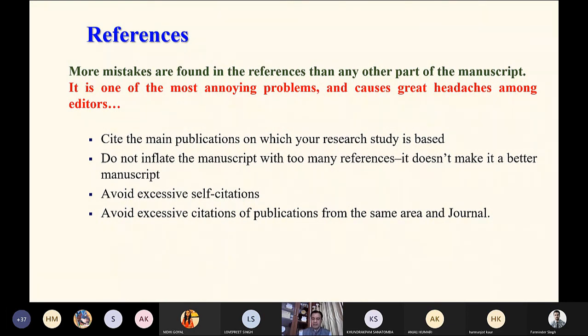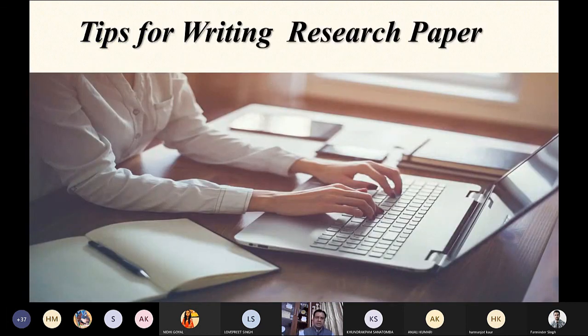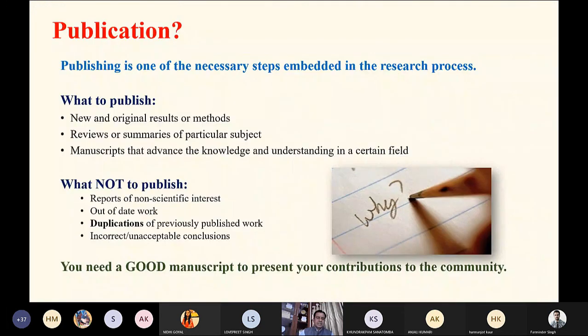Even now you can observe, we cannot avoid even a single part of the manuscript. All of them have their own importance and play an important role in developing a quality research manuscript. Now there are a few tips that I would share with all of you for publications.